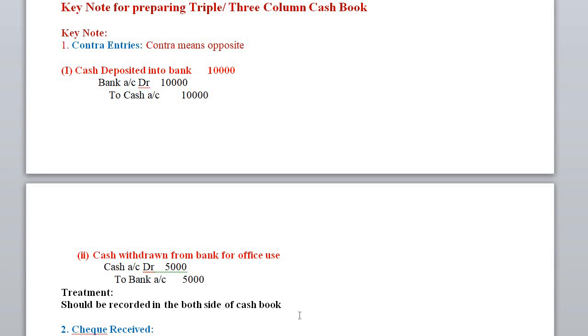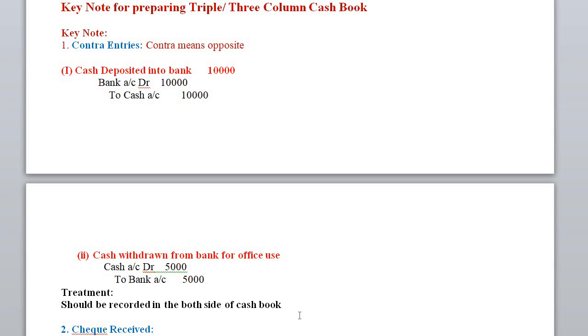Here we can see that in both entries there is a similarity: cash account and bank account. So if an entry contains cash and bank, that is called a contra entry. Normally, any transaction recorded in the cash book will appear in only one place.